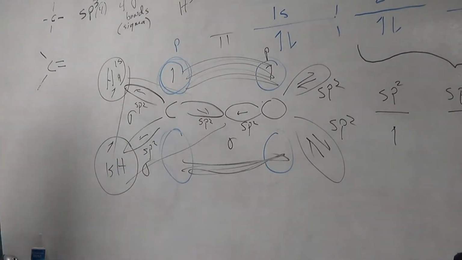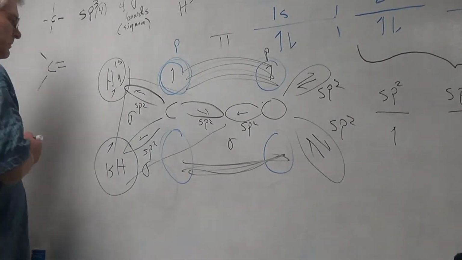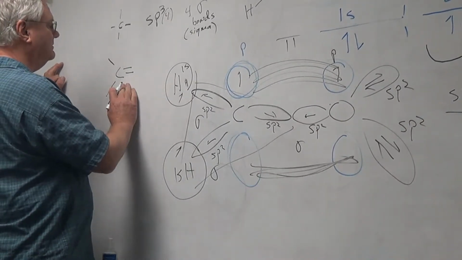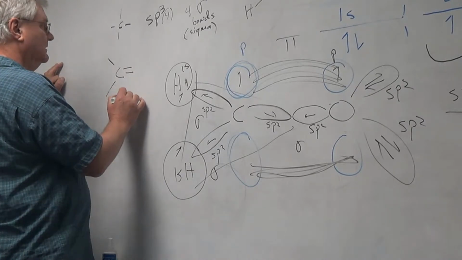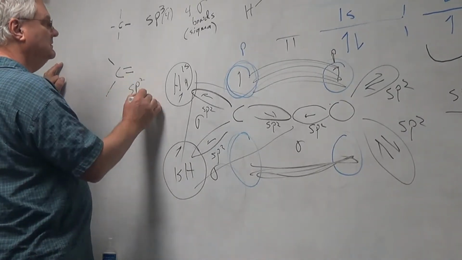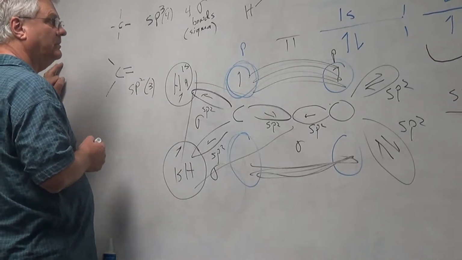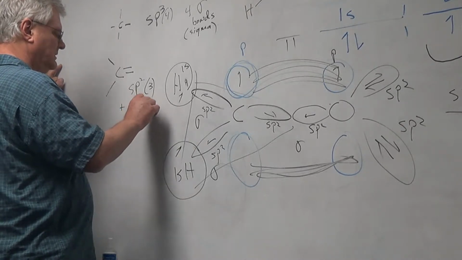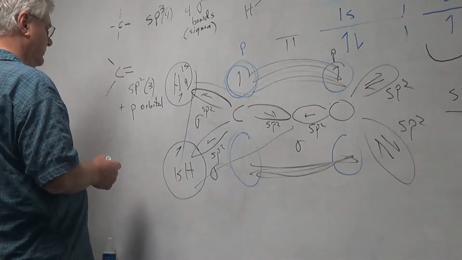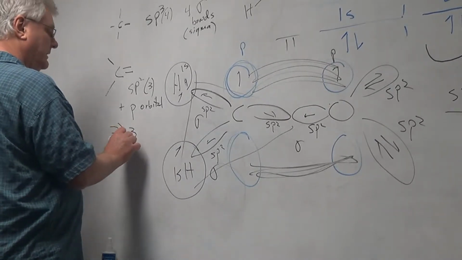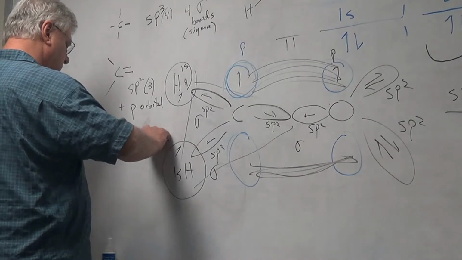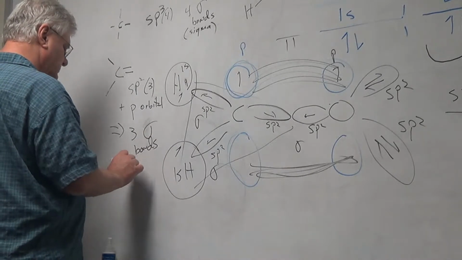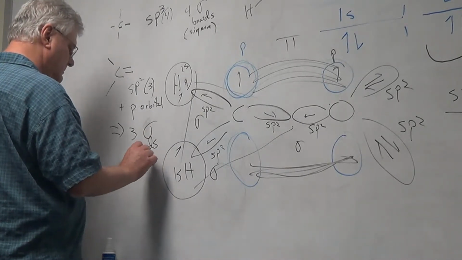So to summarize, and hopefully the drawings are better on the PowerPoint, whenever you see a carbon with a double bond and two single bonds, it's sp2 hybridized. It has three sp2 hybrid orbitals plus a p orbital that has an electron in it, and it results in three sigma bonds plus one pi bond.